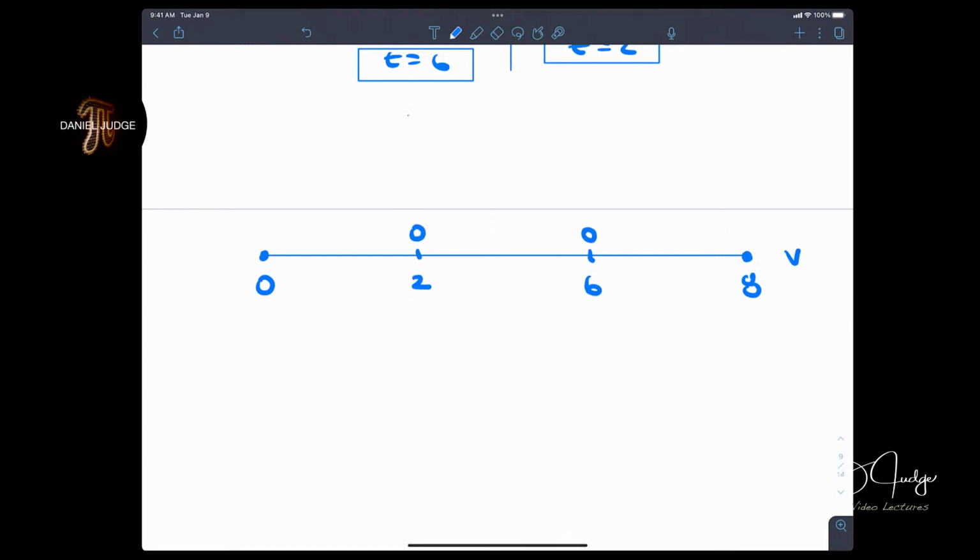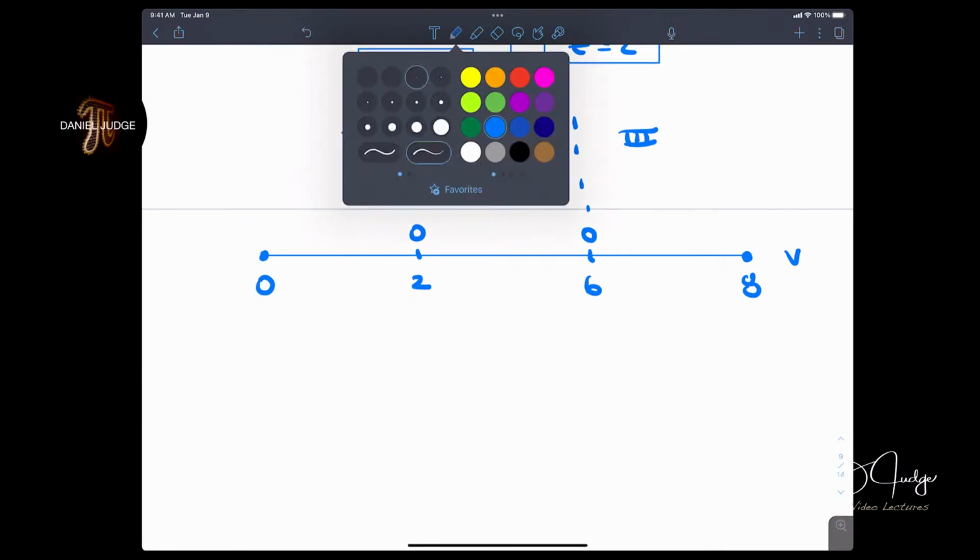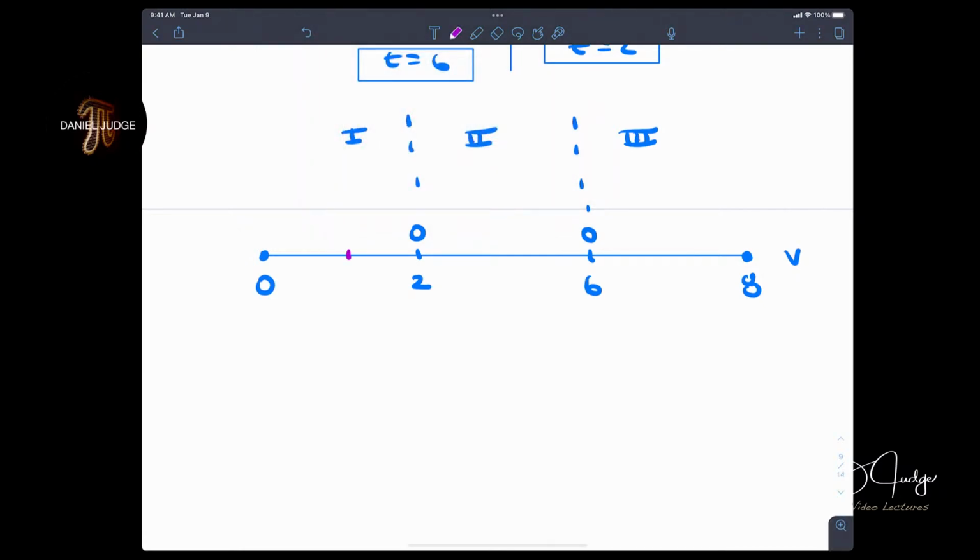So this is going to partition my t axis into 1, 2, 3 regions for sign analysis. I'm going to pick a value in each region as a test point for this velocity.